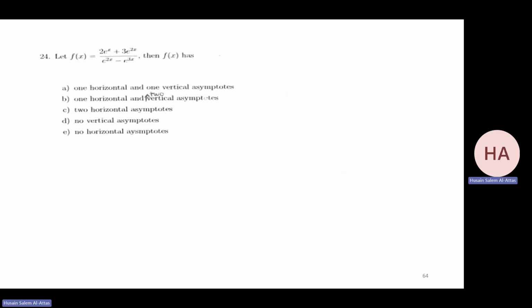2a^x plus 3e^2x over e^2x minus e^3x. For vertical asymptotes, I need the denominator to be equal to 0, which implies e^2x times (a^x minus 1) times (1 minus a^x) equals 0.